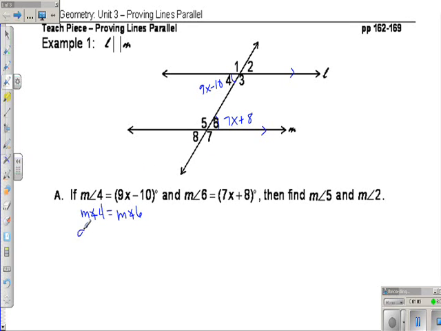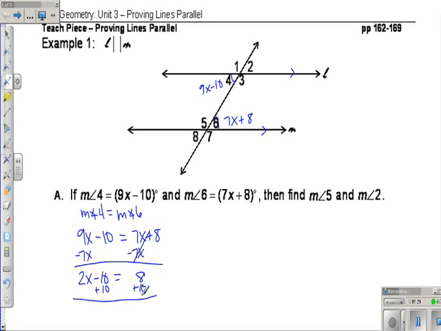So I would plug in 9x minus 10 equals, my angle 6 is 7x plus 8. I'm going to subtract 7x from both sides, which gives me 2x minus 10 equals 8. Add 10, and 2x equals 18.